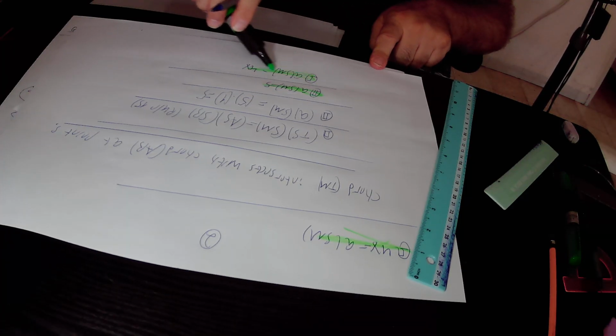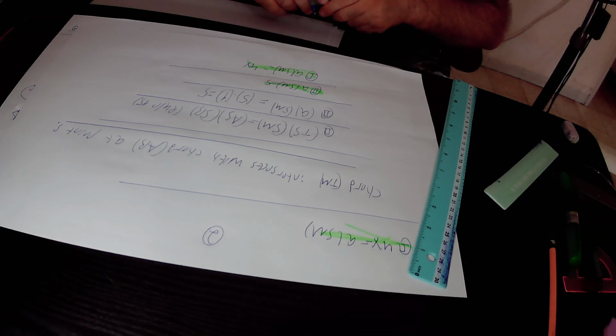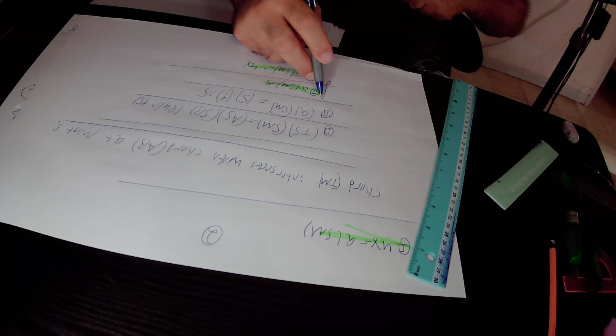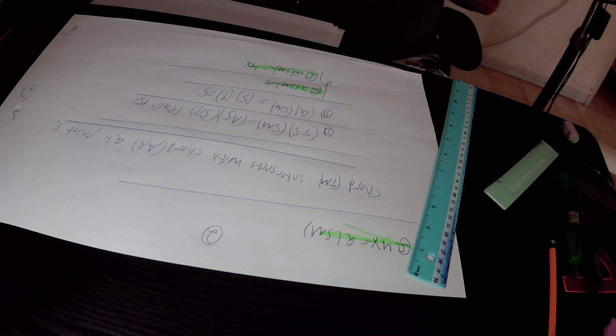So actually, we have two different equations for the expression a times SM. Therefore, we get equation 3, which states that a times SM according to equation 1 must be equal to a times SM according to equation 2.